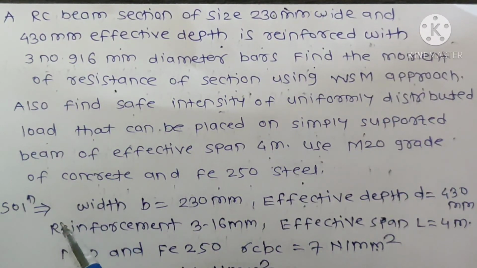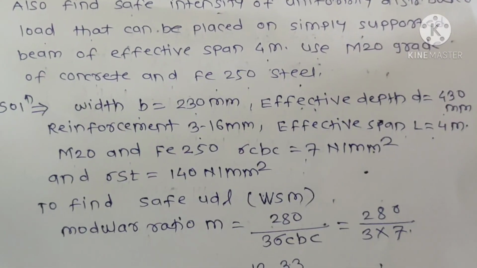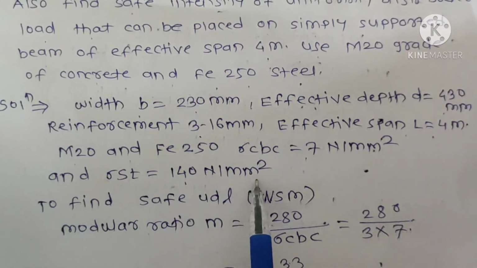In this problem, the solution is given. Data: width is 230 mm, effective depth D is 430 mm, then reinforcement is 3 by 16 mm, effective span L is 4 meter, then M20 and Fe 250, sigma CBC is 7 Newton per mm square, and sigma ST is 140 Newton per mm square.